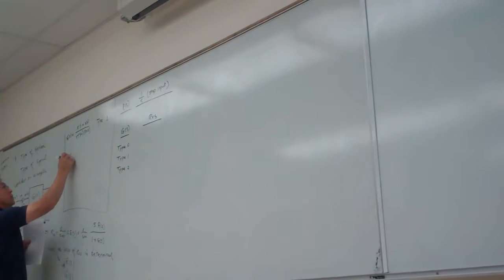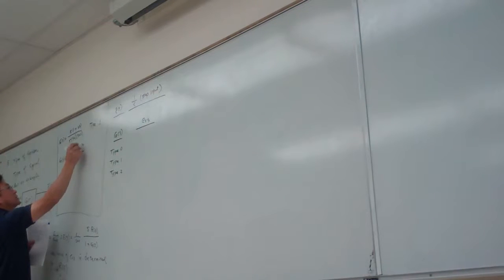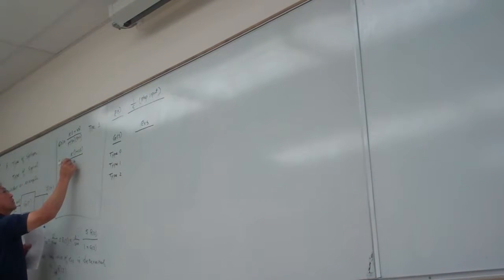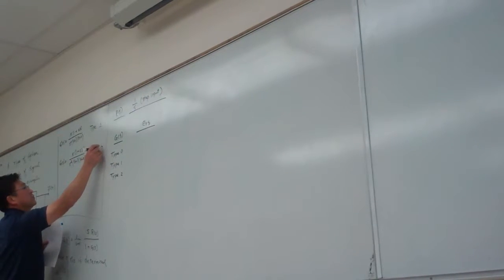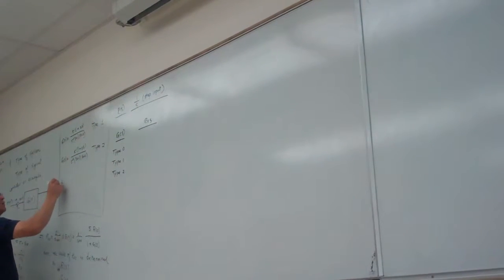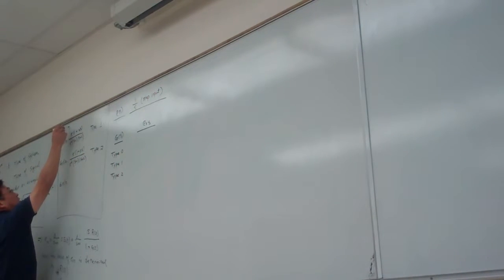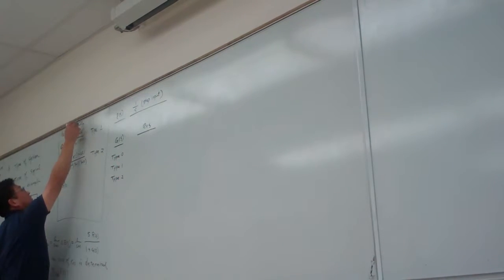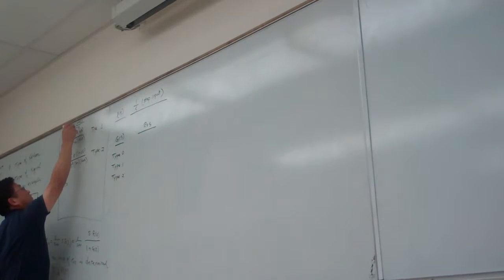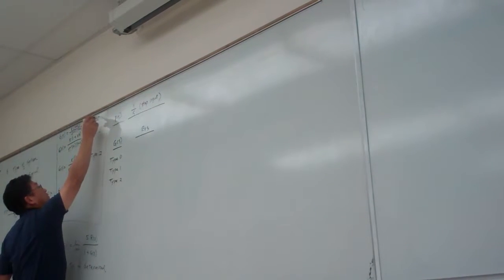Let me make another example. If G(S) is K(1+2S) over S squared (S+1)(S+2), this is called a type 2 system. And for example G(S) is K(1+2S) over (S+1)(S+2), this is called a type 0 system.